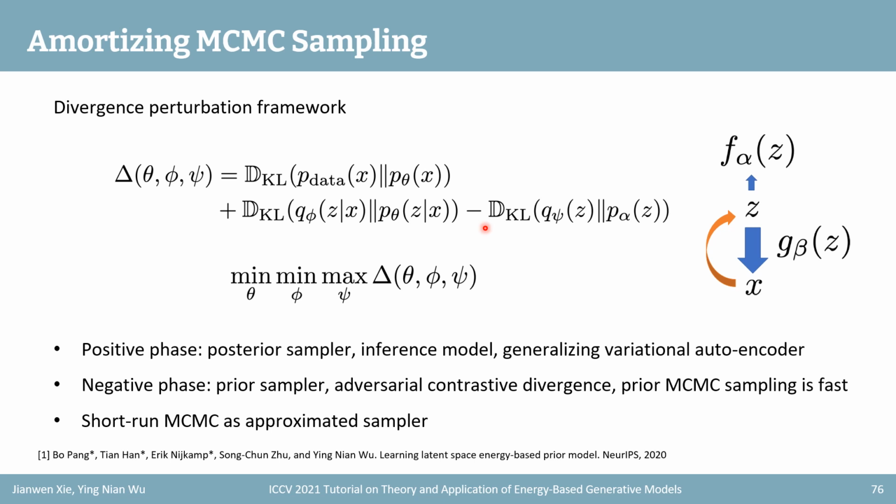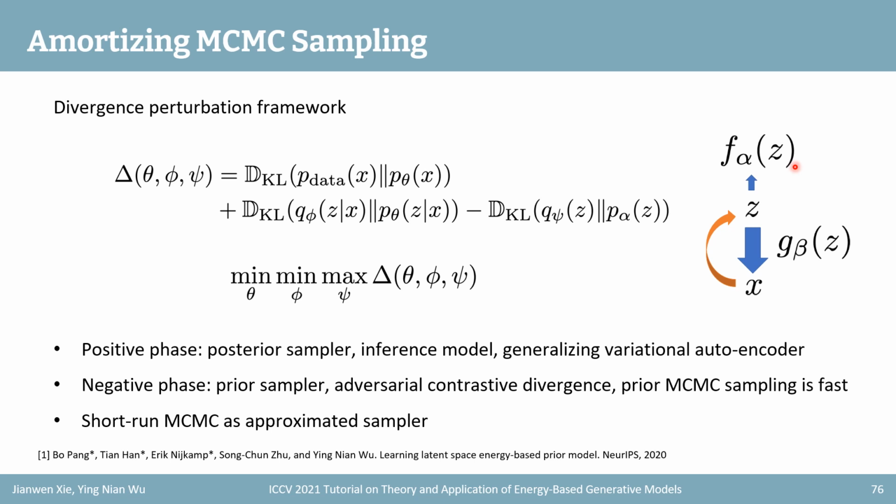And in fact, usually you can simply amortize the posterior sampling because this actually needs backpropagation through this top-down network. So it takes a little bit more time. For prior sampling, actually it is very simple because this F is a very small network in the latent space. So a persistent MCMC chain can be very efficiently implemented.